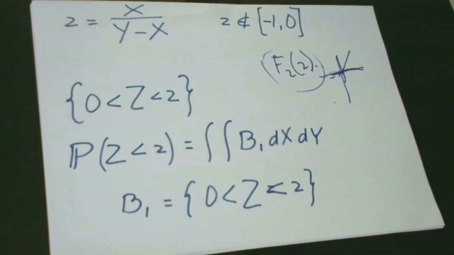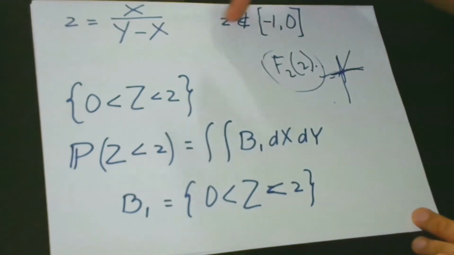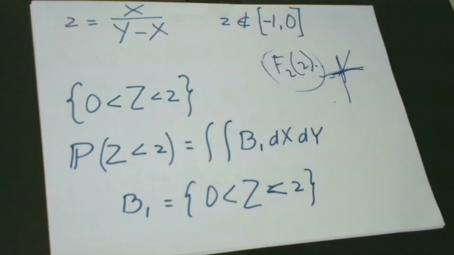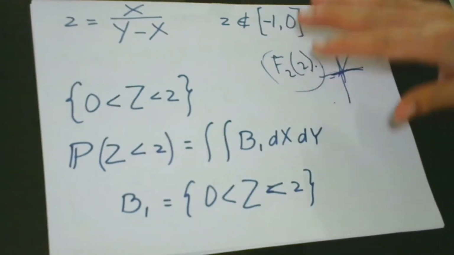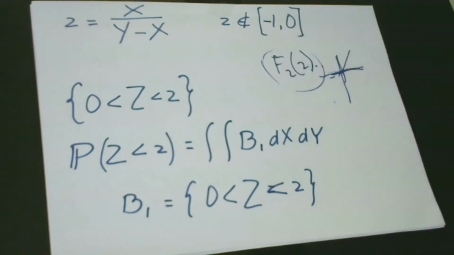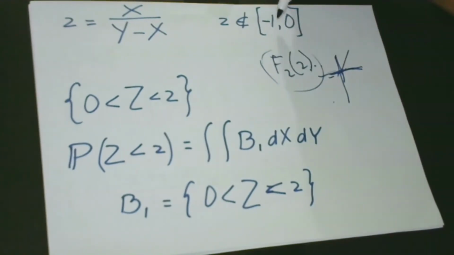However, in this case, let's consider z. Although z does not belong to -1 and 0, let's think that this is possible, that x and y could have different signs, which is -1 and 0.